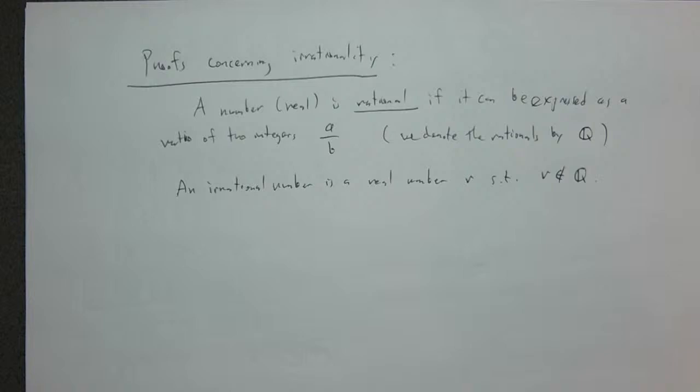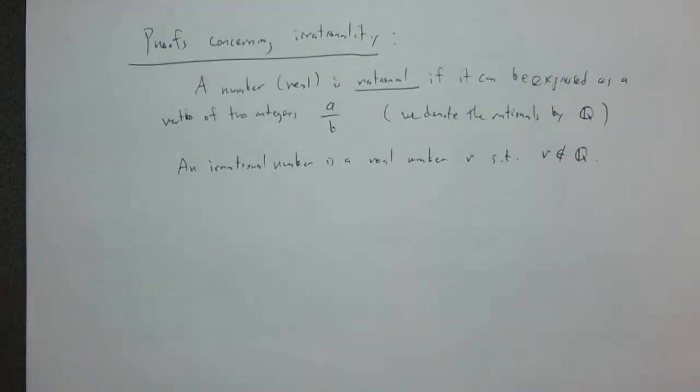So the classical way of thinking about irrationality, the most basic thing, is to use the power of contradiction: assume that the thing you're talking about is rational, and then come up with some reason why that can't be the case.